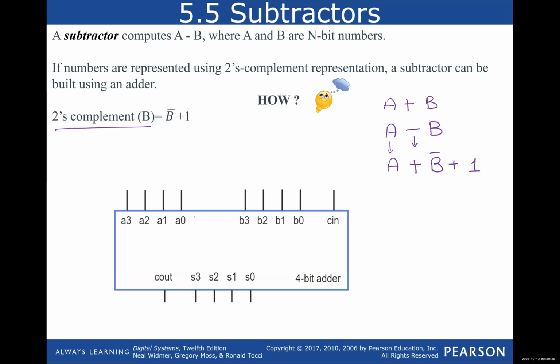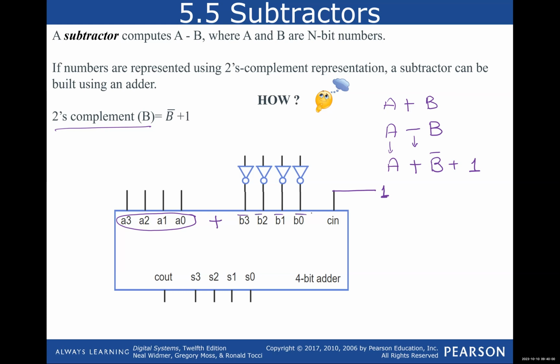So I need to add A plus the B complement, and then plus an extra 1. I will use the carry input that is always 0 for my extra 1 that I need to add. And then I will just add inverters to the B's to make all of them complements.